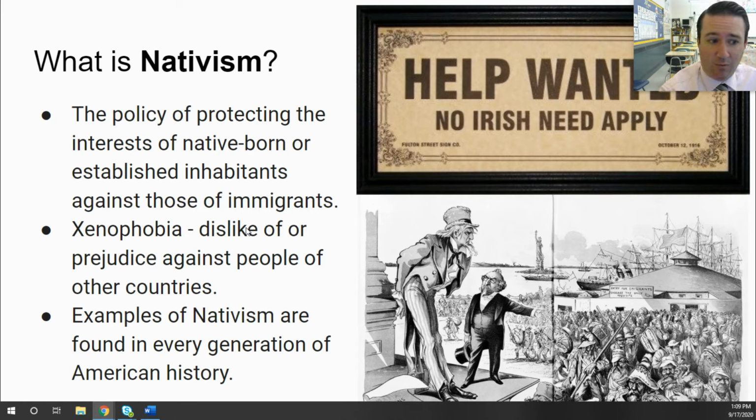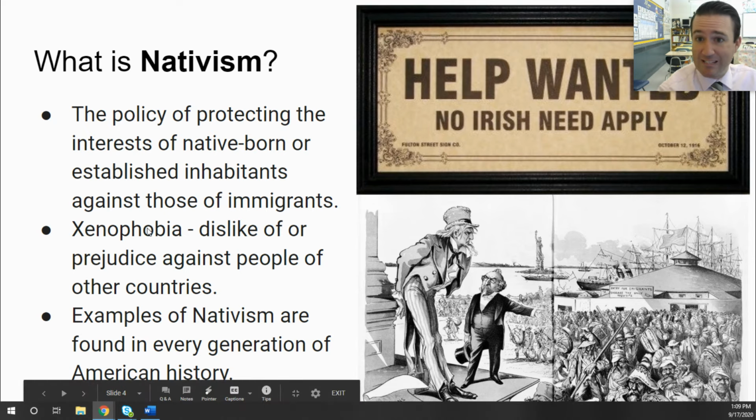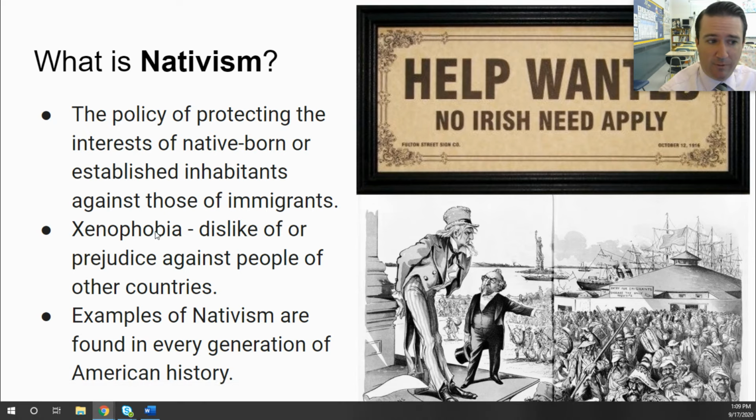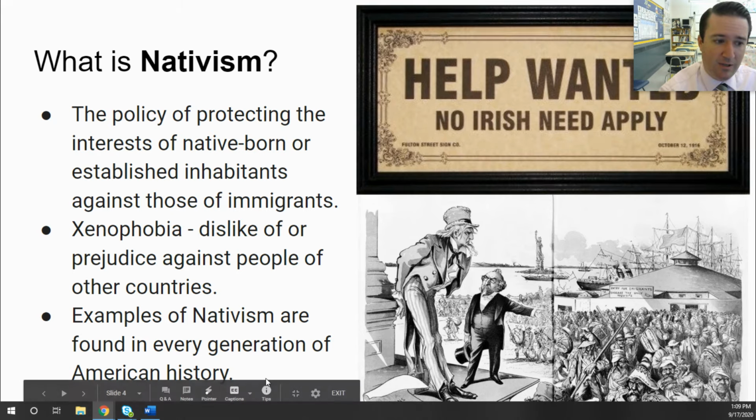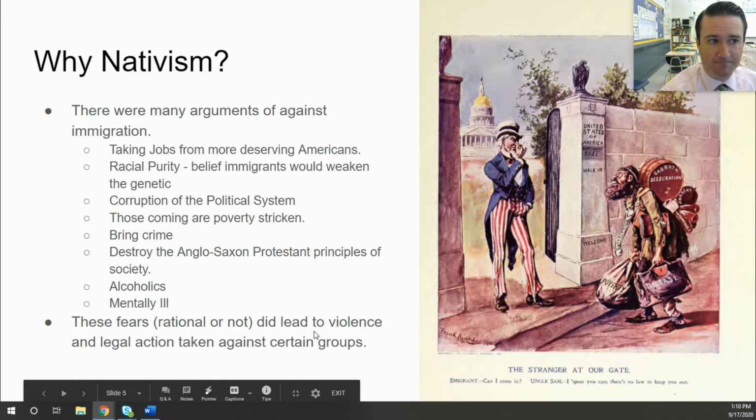You find examples of xenophobia across our history, even today. There's a lot of xenophobia and fear of immigrants as they come here, legal or not, of what they bring with them. So every generation, going back to the first waves of immigrants to today, there's always been some sort of nativism that occurs.